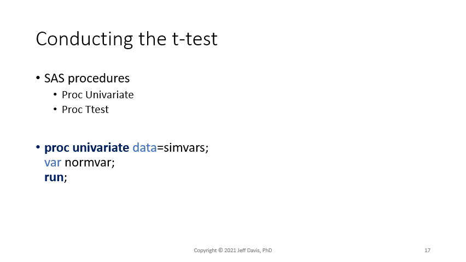When we look at the two sample t-test, the Proc Univariate approach won't work. It does work for the single sample t-test, as we'll show you in just a second.